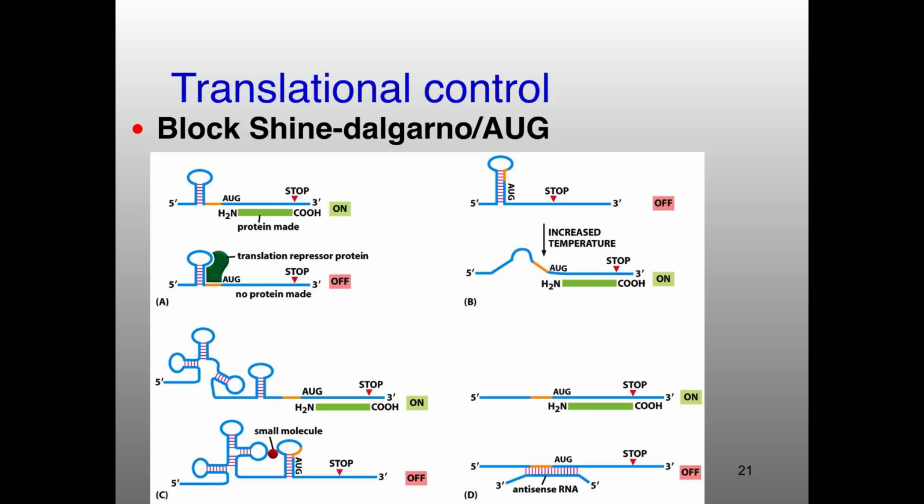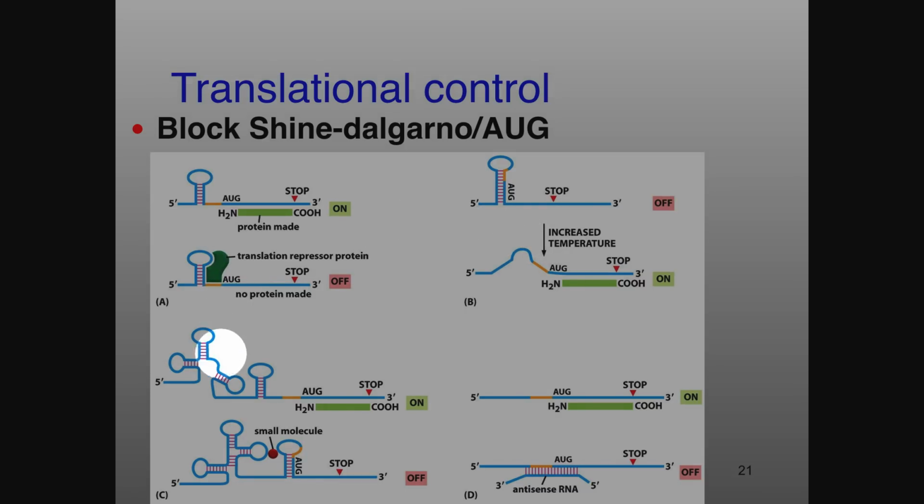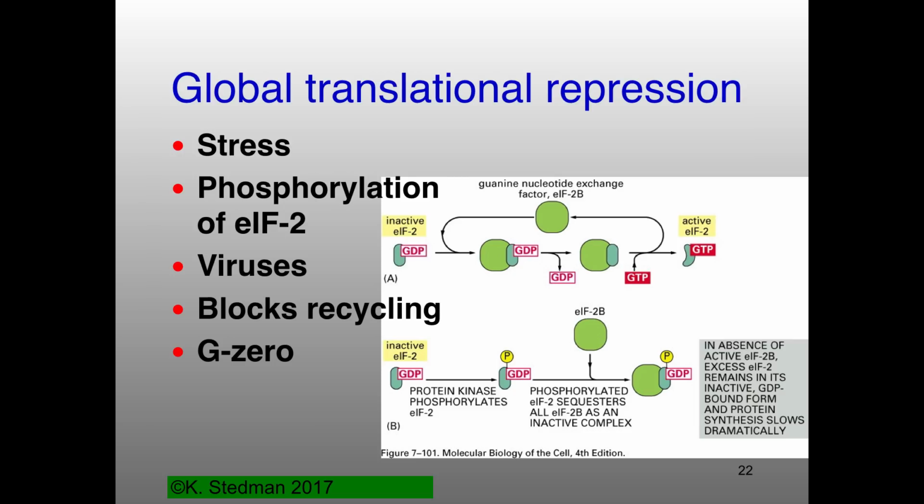Translational control or post-transcriptional control, all about getting to the AUG. It can be some kind of repressor protein, it can be some riboswitch, which is going to bind to some small molecule. My favorite are these thermometers, where just the heating up of the RNA is going to give you access to the AUG, or sometimes you'll have antisense RNA.